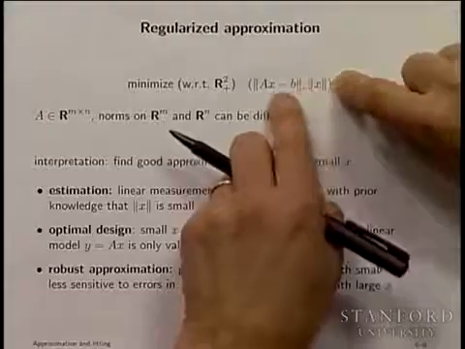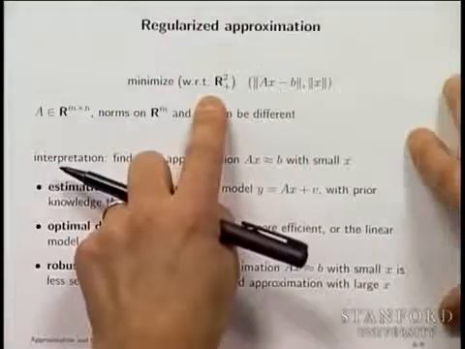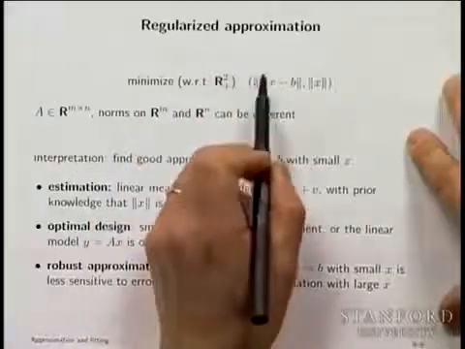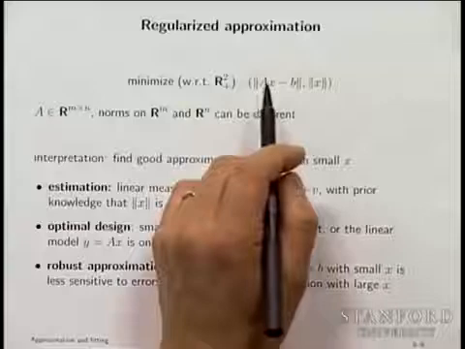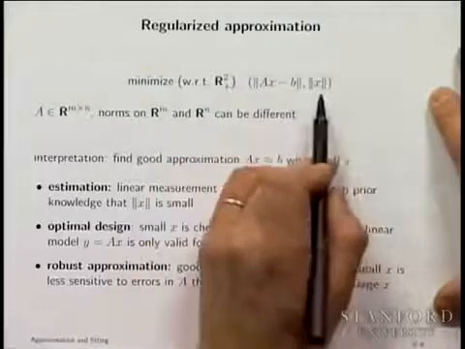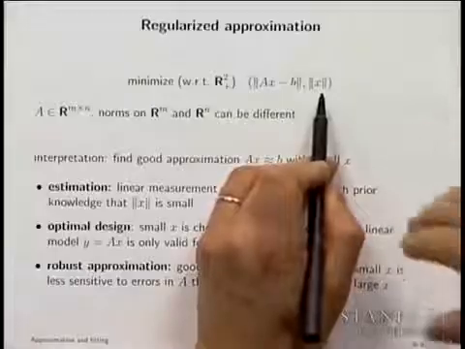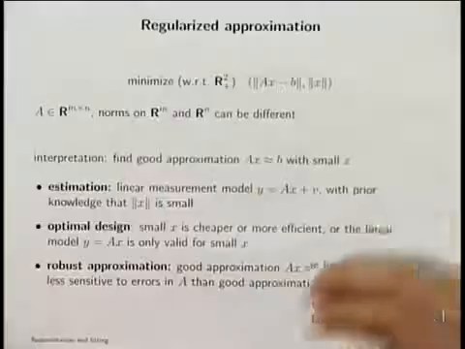So it's a bicriterion problem. And in fact, the right way to say it is this: minimize with respect to R plus 2, that's the cone, this pair of objectives. And the Pareto optimal curve, or the optimal trade-off curve between fit and size, if you want to call it that, would tell you exactly how these two trade off.